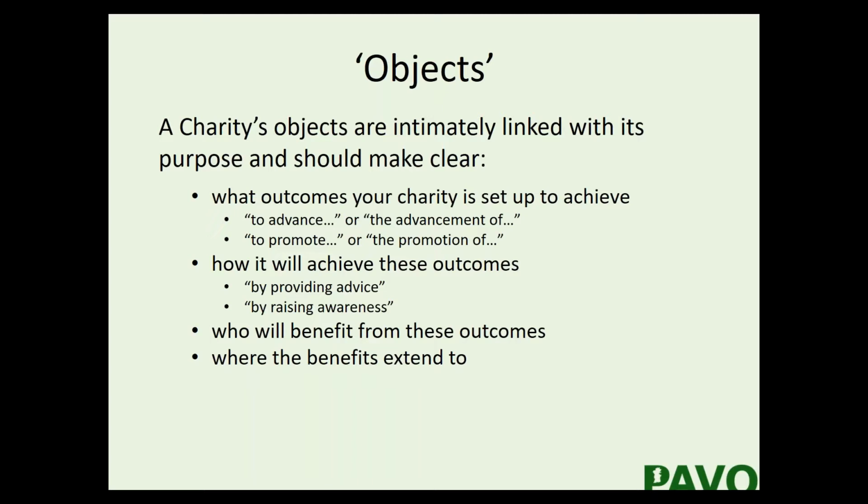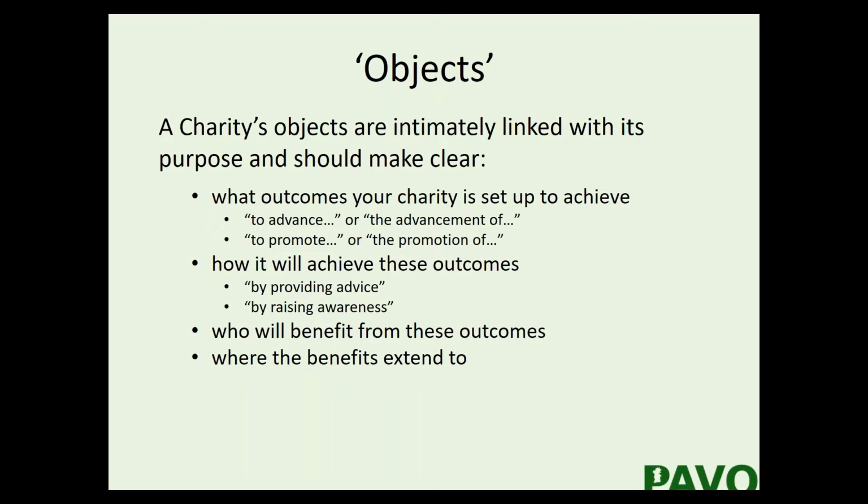You've got to be doing something that has an end result. And then it has to explain in your objects how you will set about achieving those outcomes. It could be by providing advice, by raising awareness, by delivering Meals on Wheels. It could be broken down into specific actions, or it could be much broader terminology.